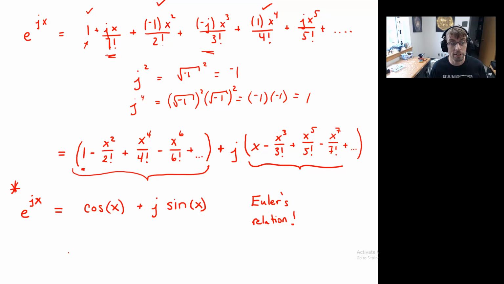Now, this also is helpful. Let me give you some ideas. Having Euler's relation, so e to the jx equals cosine of x plus j sine of x, is really helpful, for example, in expressing sines and cosines as well.